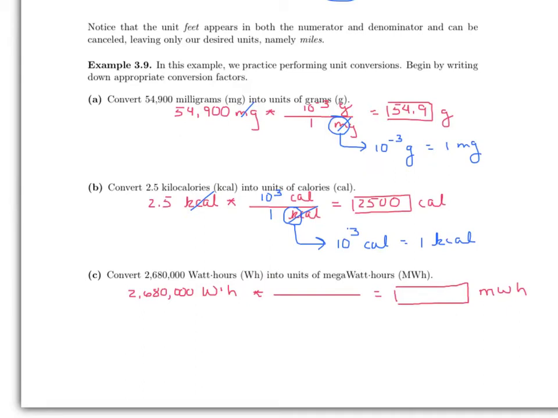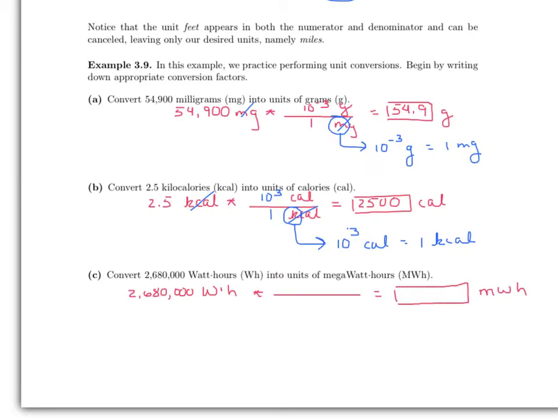What we want to happen is we want to lose the units of watts and have units of megawatts instead. So we need a conversion factor that enables us to go from watts to megawatts.